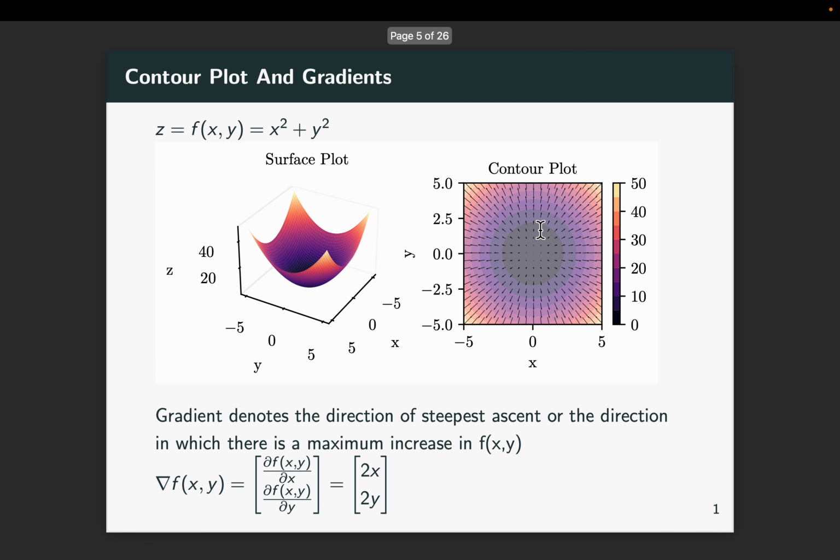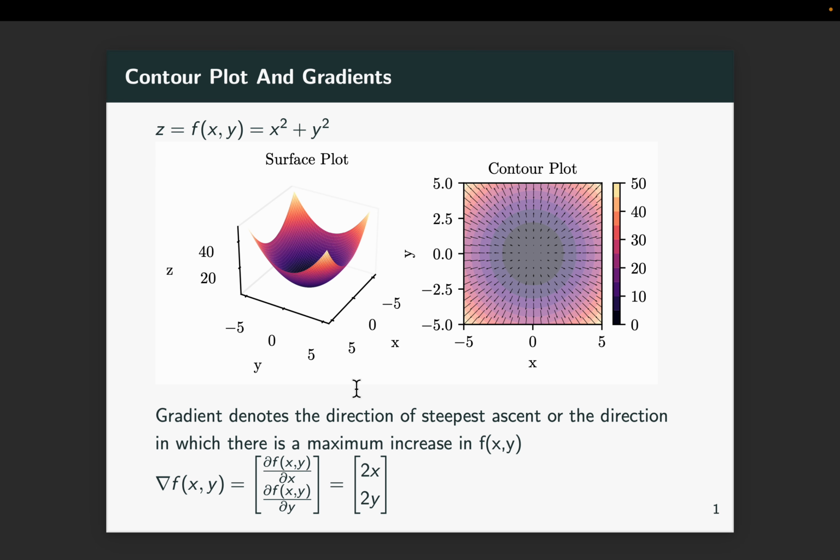So, therefore, we can compute the gradient of this function f of x comma y, typically denoted by this symbol, is equal to the partial derivative with respect to the first component and the partial derivative with respect to the second component, which if you calculate will come out to be 2x and 2y vector, right. So, the gradient is a vector of the length of, what is the length of the gradient vector?